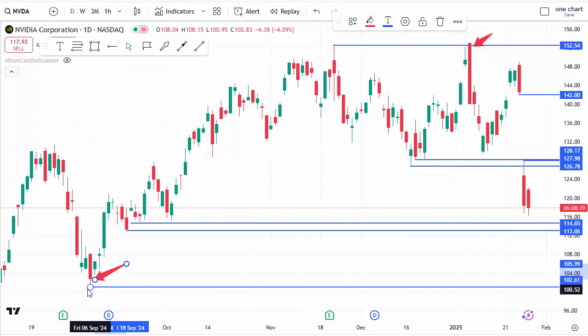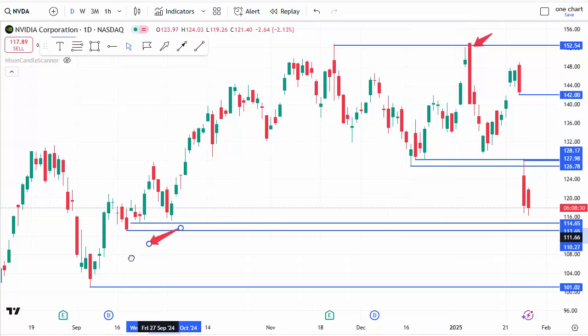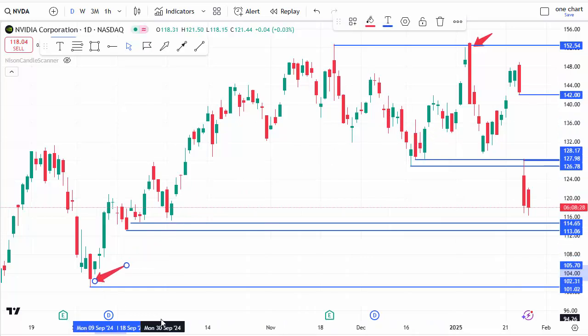This is not a bearish engulfing pattern, nor is this, because these came after downtrends. So for those who may do research elsewhere, they may say, hey, I saw on the internet that a red real body wrapping around a green real body is a bearish engulfing pattern. I'm going to be selling here or getting out of long positions. So it's very important to keep trend in mind when you're looking at the candlestick signals.